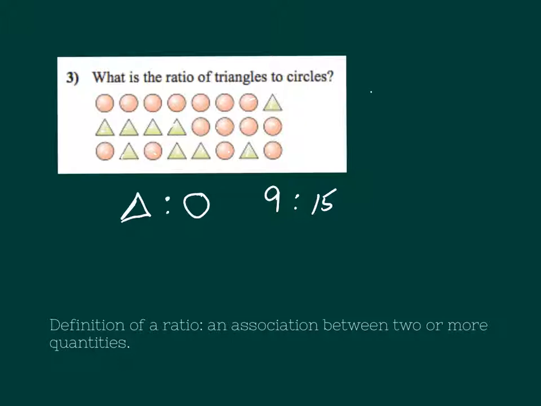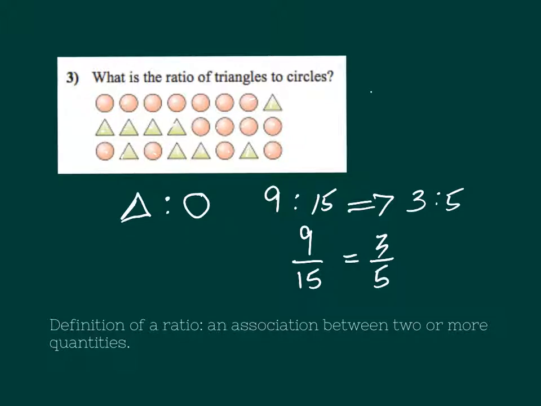Now the thing about ratios is that they can be simplified as much as you want, right? So 9 to 15 is really the same as 3 to 5. And I think that's one reason people like looking at them as fractions, because you could say 9/15, 9 out of 15, is the same as 3 out of 5.